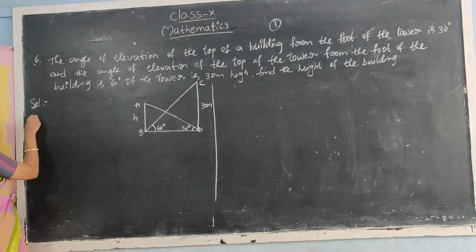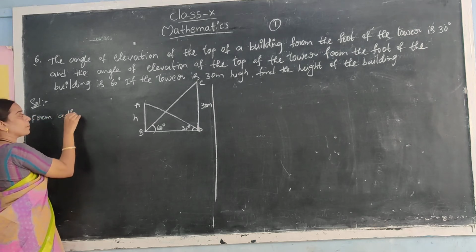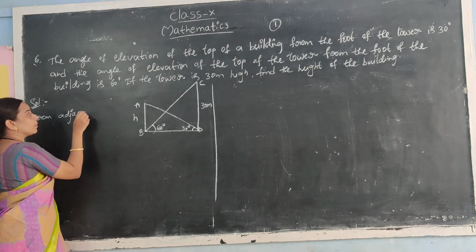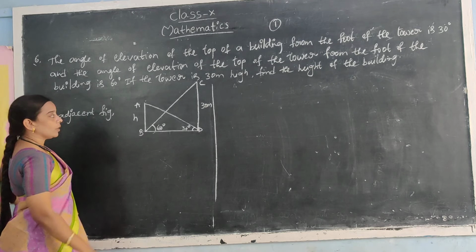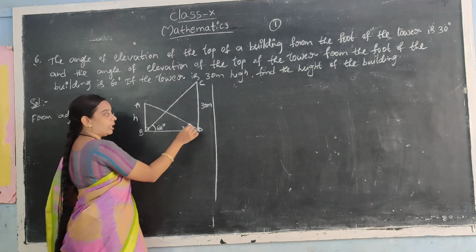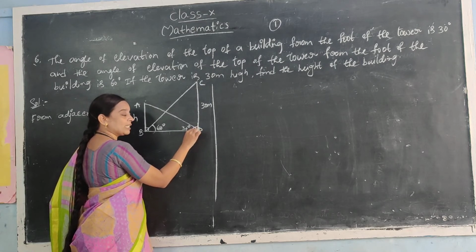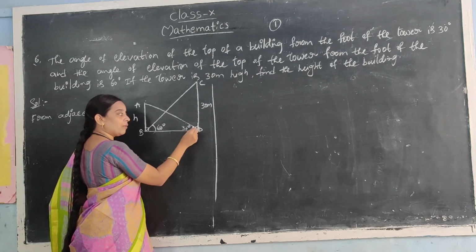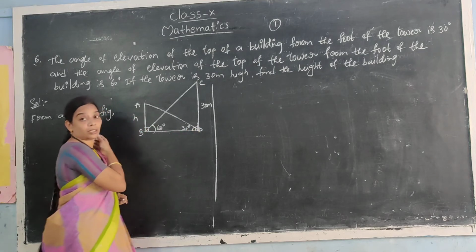Now from this figure, write the steps. From the adjacent figure, the building is vertical to the ground and the tower is also vertical to the ground. Here the full angle is 90, but the angle of elevation is 30. Full angle 90, angle of elevation is 60.